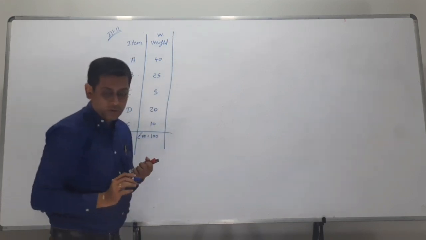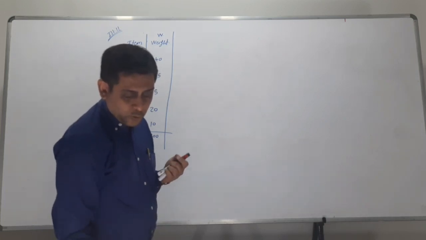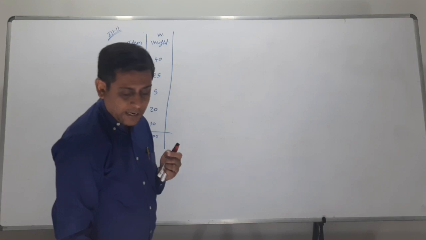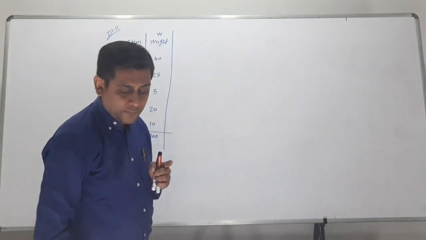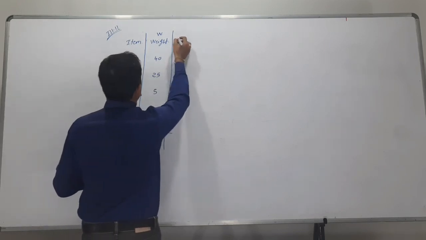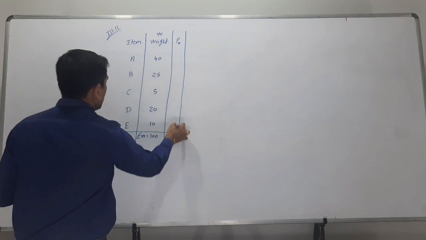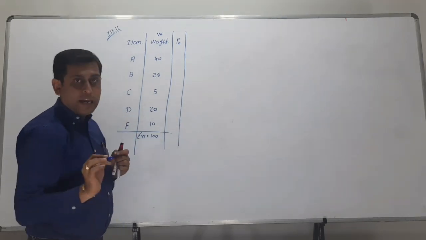Okay, now see here, the price of 2011 and the price of 2016 are given. The price of 2011 is called P0 because it is the base year price.